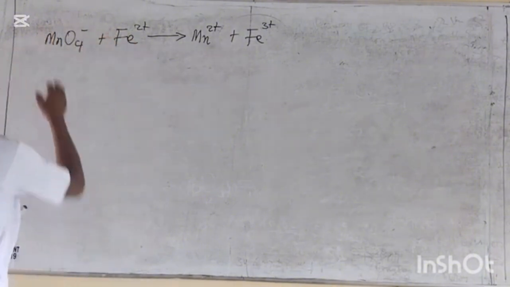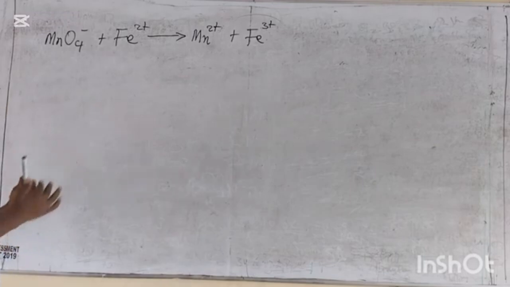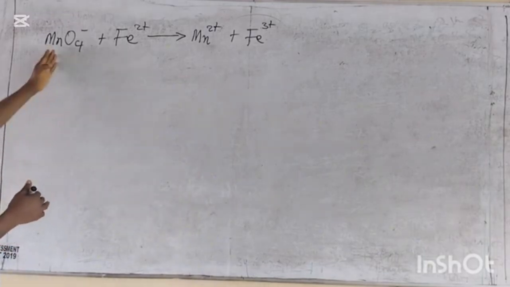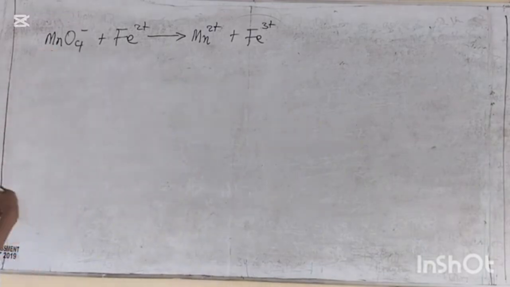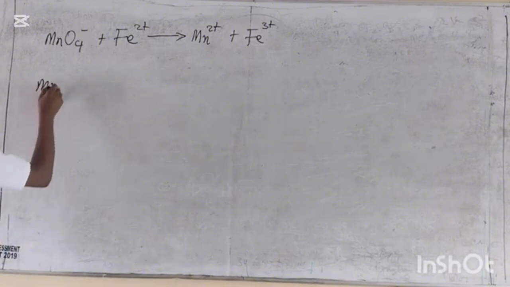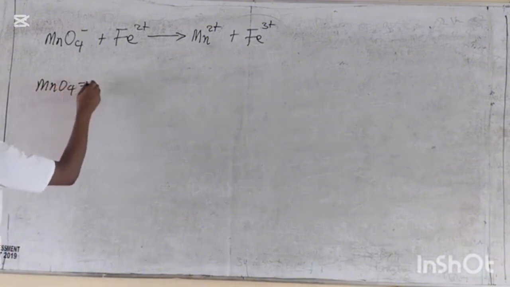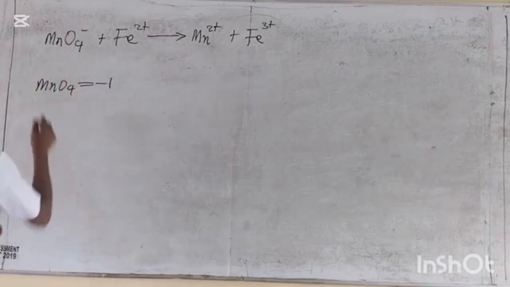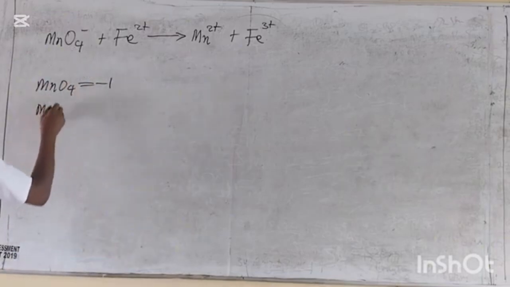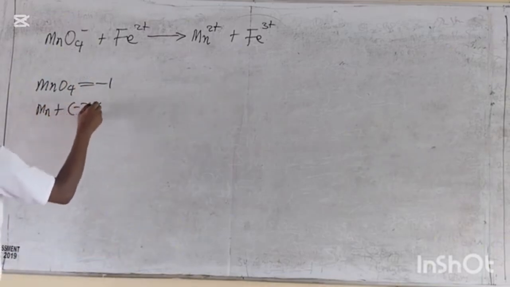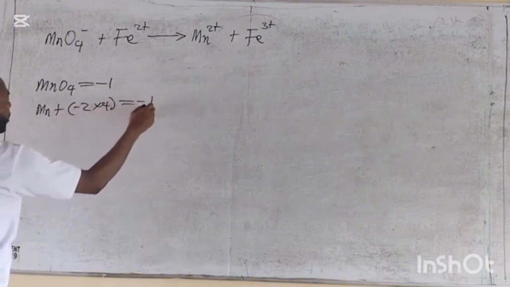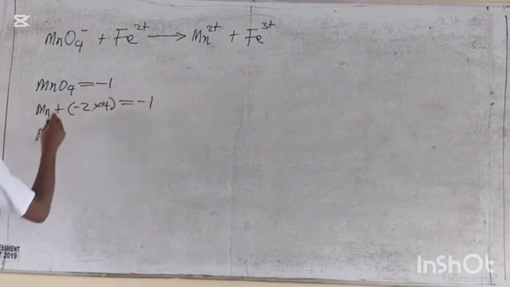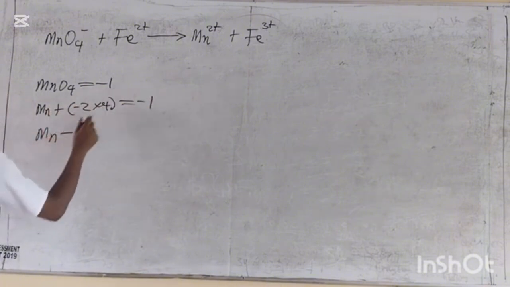So here we go. Let's start with this. When I'm done calculating the oxidation number, I'll put the value here, then maybe clean the calculations. So I have MnO4- is equal to -1. As usual, remember the oxidation rule. So manganese is what we're looking for, plus oxygen is -2 times 4, all equals to -1. So we have manganese, plus times minus is minus, 2 times 4 is 8.